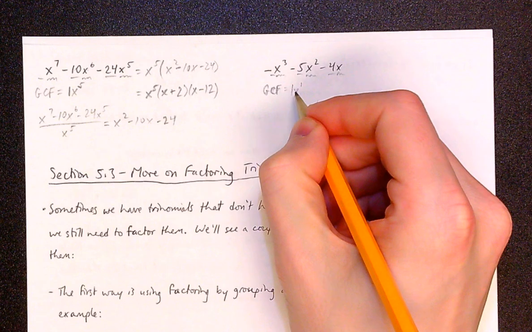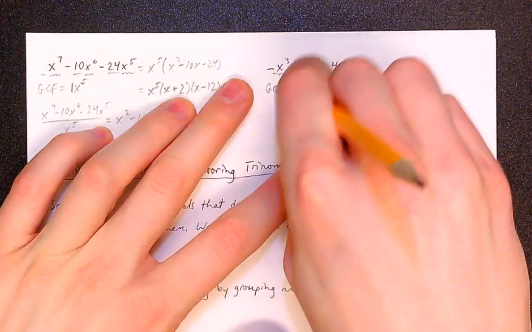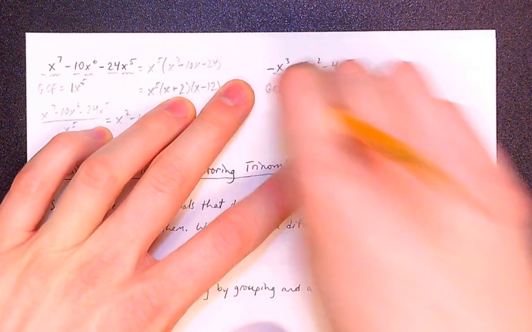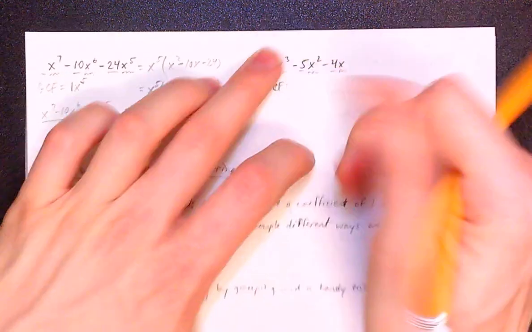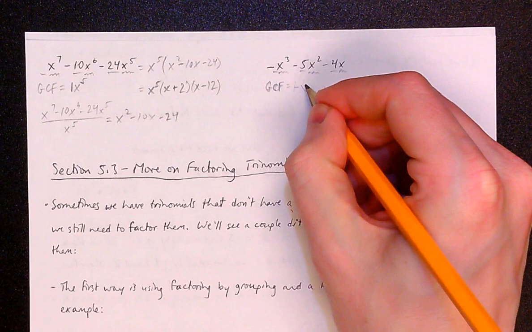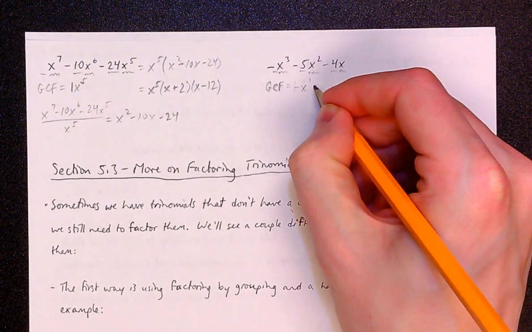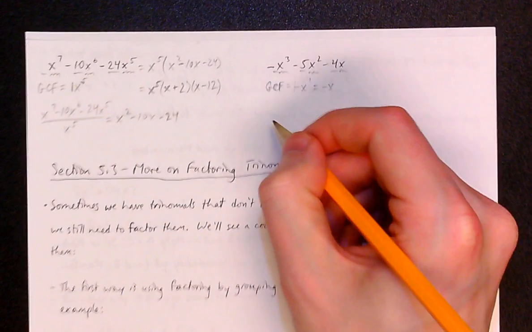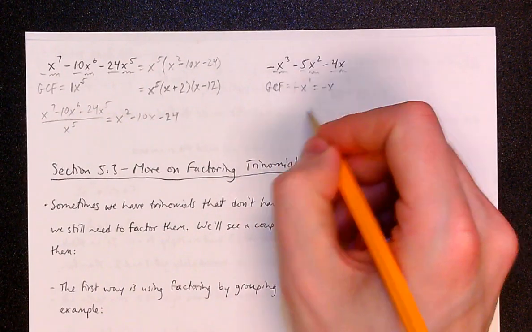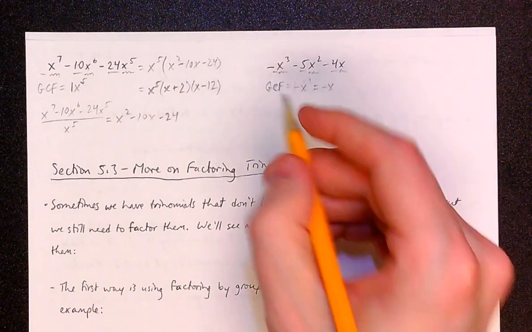So it's actually not positive 1 times x to the first power. It's actually minus 1 times x to the first power, or just minus x. So I'll divide my polynomial by that GCF, the minus x.